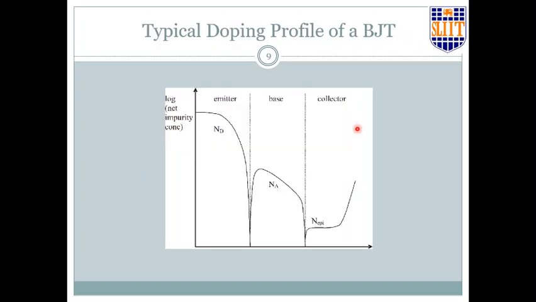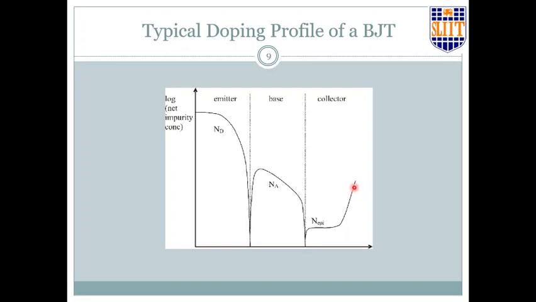Now, this is the doping concentration profile. You see that the emitter has the largest doping concentration, the base has moderate, and the collector has the lightest doping, but you can see that towards the end of it the doping concentration rises a little bit.